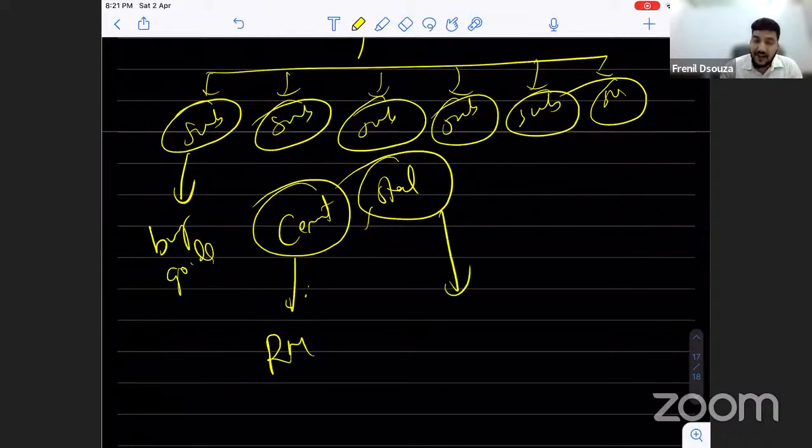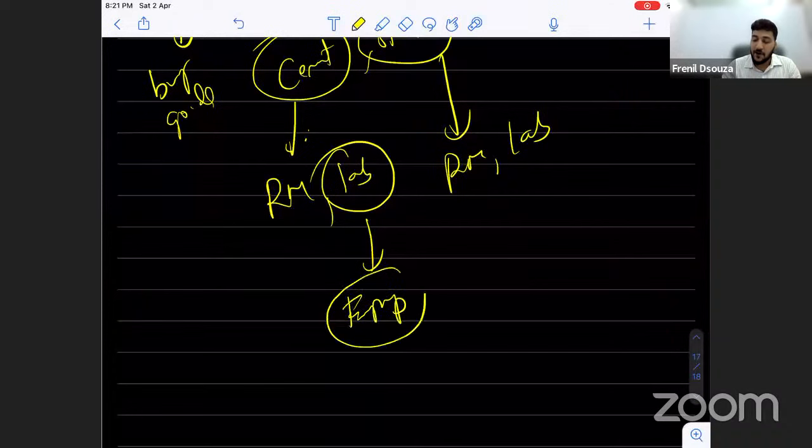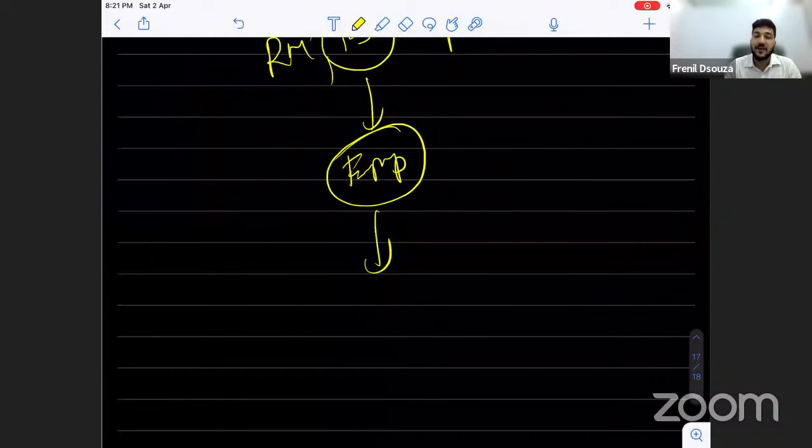At the same time, when the steel company gets the money, they are going to pay their employees, and they are also going to pay their raw material suppliers, labor, interest. There are a lot of different payments. Once you pay the labor, who will get it? The employee will get the money. What will the employee do? The employee spends that money on the various goods and services that he wants. Probably he wants to pay his children's fees or whatever it is.